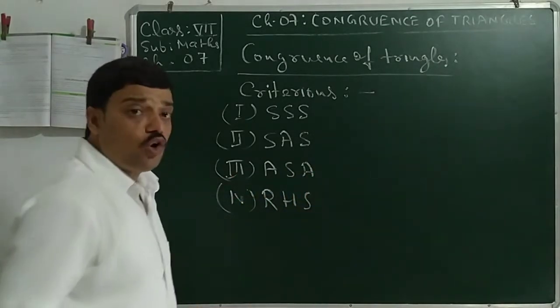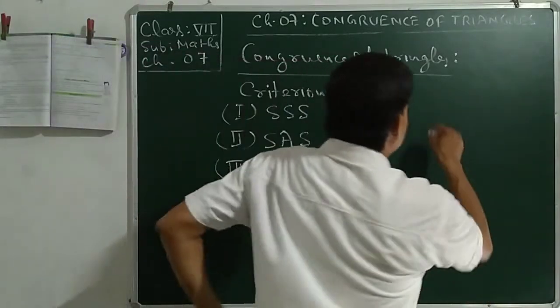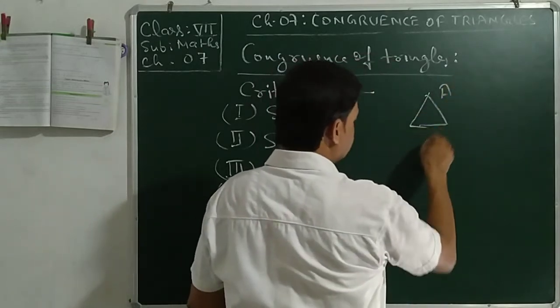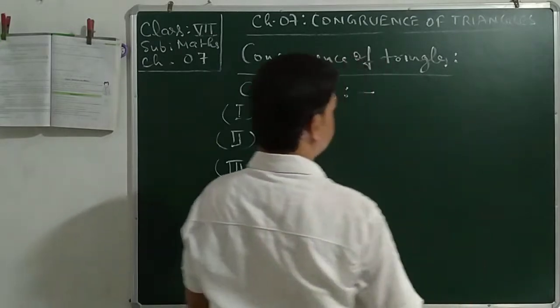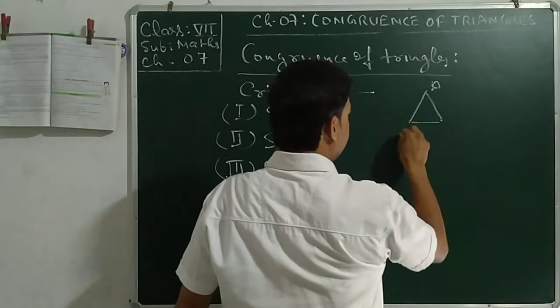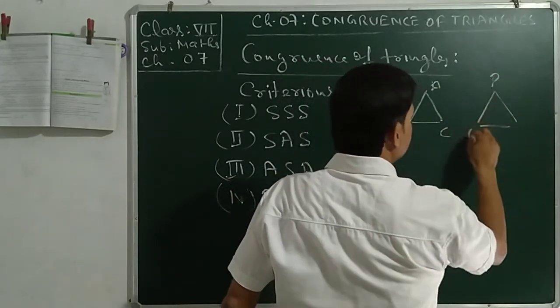I will explain all these conditions technically here. See, if 2 triangles are there, say this triangle is ABC, let me draw the triangle clearly, and this triangle is PQR.